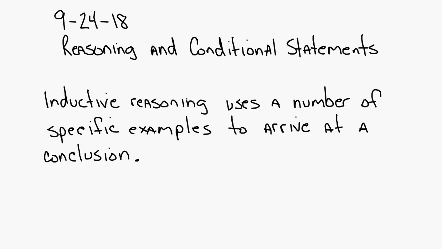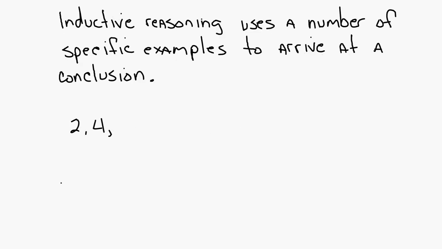What they're really talking about, and you're going to get directions that say use inductive reasoning to make a conjecture, is a bunch of fancy-sounding words. But if you're given a pattern, look at the pattern 2, 4, 6, 8, and here's how you may hear the question worded: use inductive reasoning and make a conjecture about the next 3 numbers in the pattern.